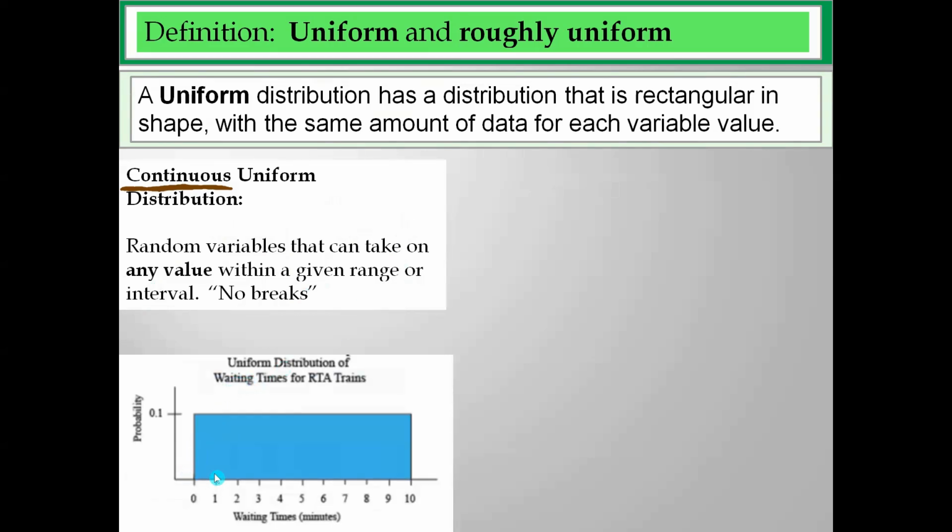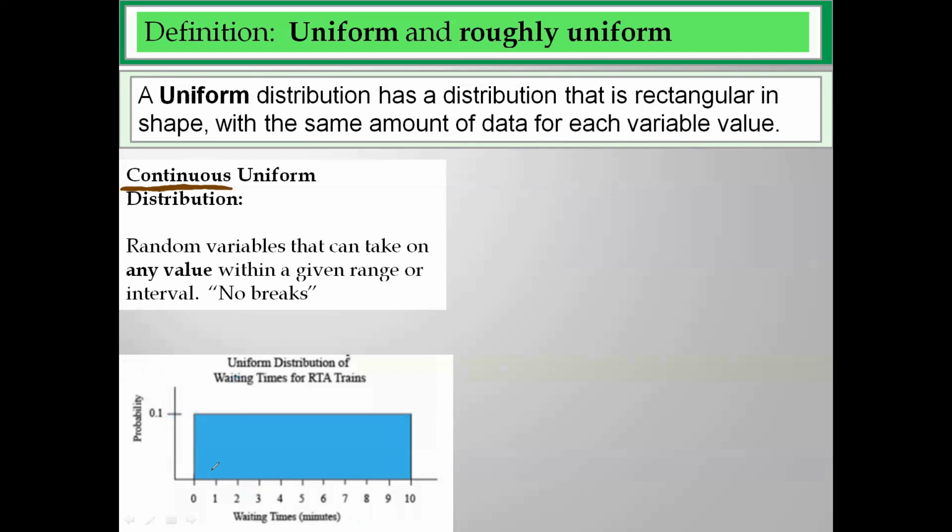Here, let's look at our uniform distribution. We have a uniform distribution of wait time for RTA trains. So on the x-axis, we have wait time. On the y-axis, we have the probability of the train arriving.